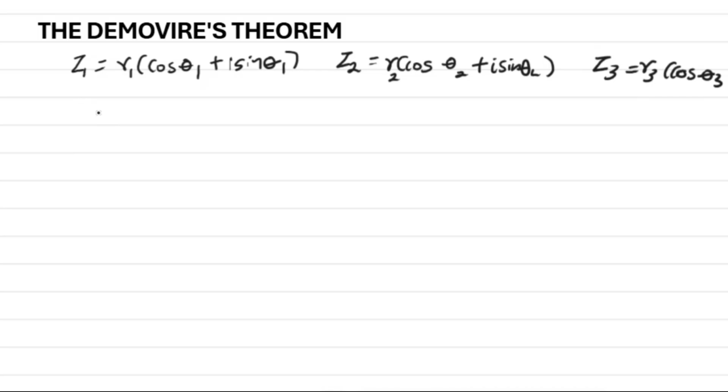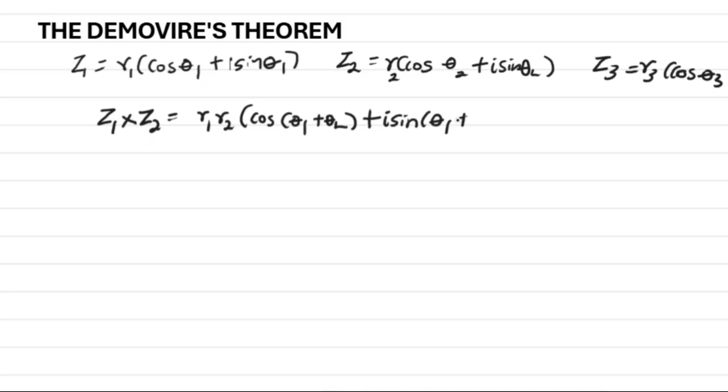Now, when we say z1 times z2, z1 times z2 simply gives us r1 r2 cos (theta 1 plus theta 2) plus i sine (theta 1 plus theta 2).